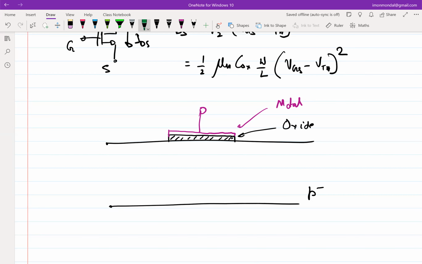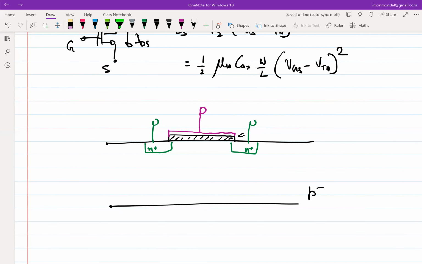Then on either side of this contraption, you dope it with some highly doped N plus. Plus means highly doped. From highly doped N plus dopants, right? And you put contacts out.